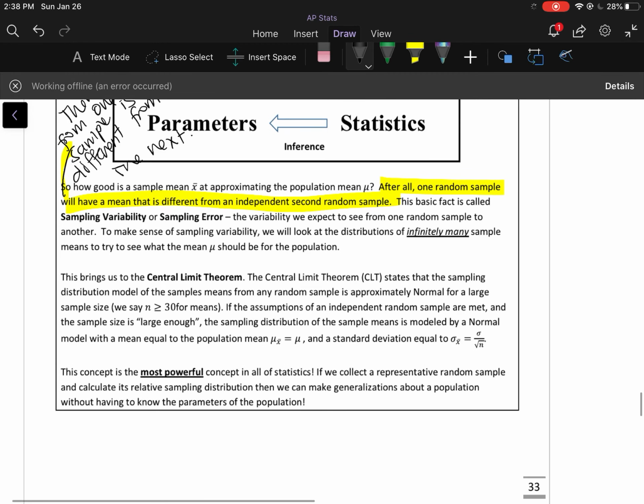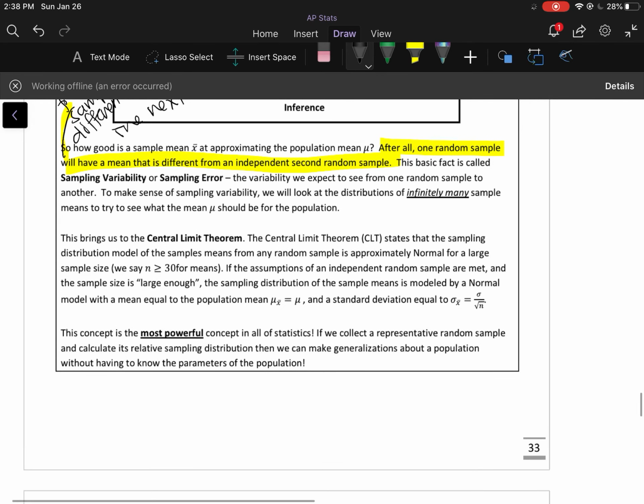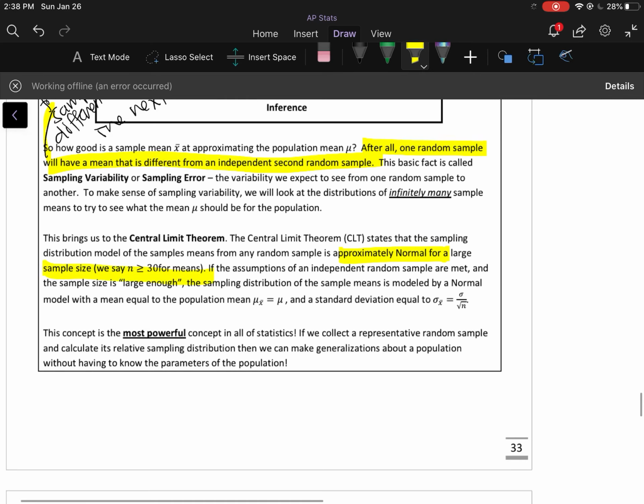To make sense of sampling variability, we will look at a distribution of infinitely many sample means to try to see what the mean mu should be for one population. This brings us to the central limit theorem. The central limit theorem, CLT, states that the sampling distribution model of sample means from any random sample is approximately normal for a large sample size, and we want the sample size to be about 30 or more.